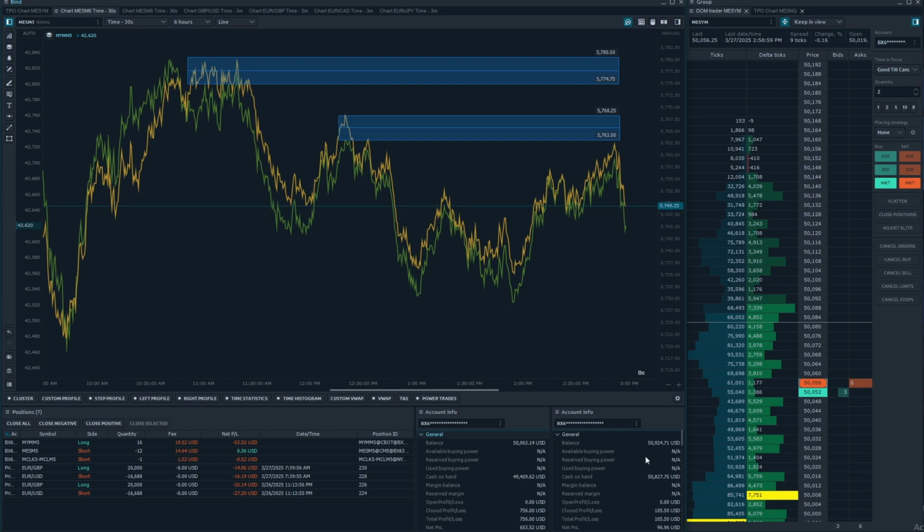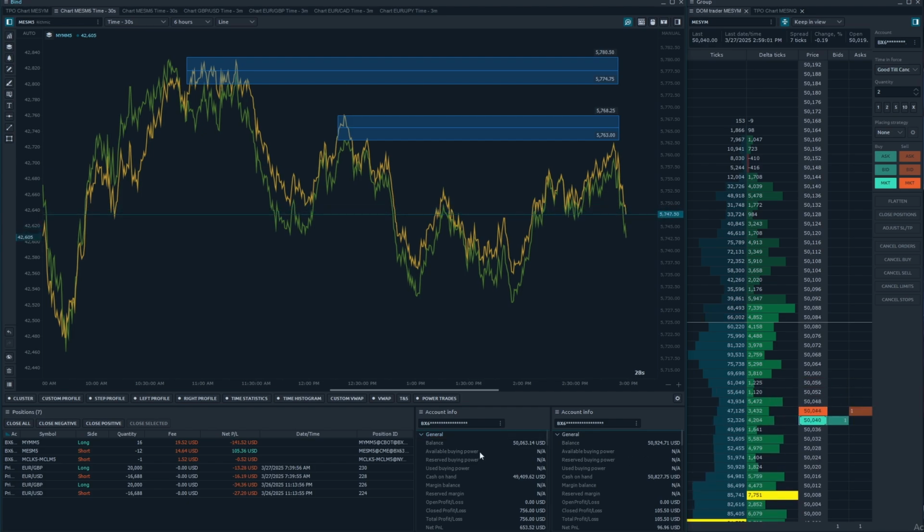I'm going to focus on this one because I got account one back up, and I'm going to try to get this one funded. But account two, as you can see, I'm in this trade and I'm shorting 12 micro ES and buying 16 micro YM.